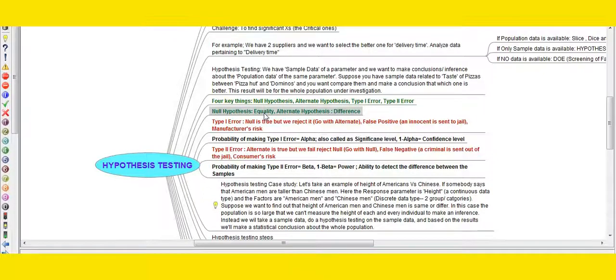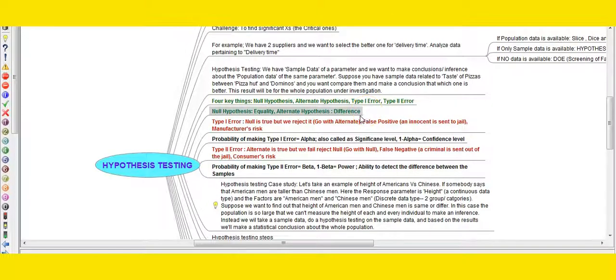Suppose in case of pizza delivery, these two brands of pizza, both taste equally, both rank equally. So this is the null hypothesis. We assume in the beginning that both are equal. So the null hypothesis is also called the hypothesis of equality.